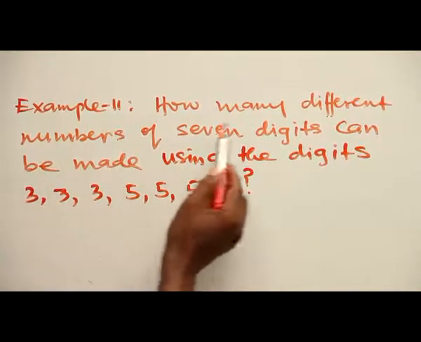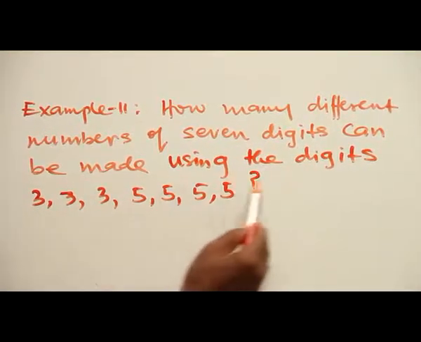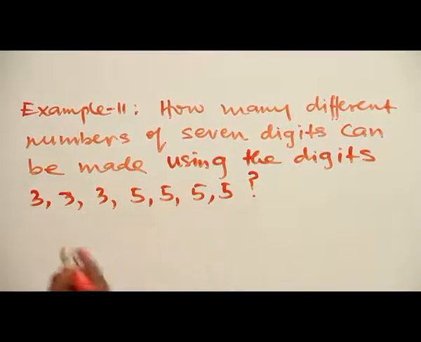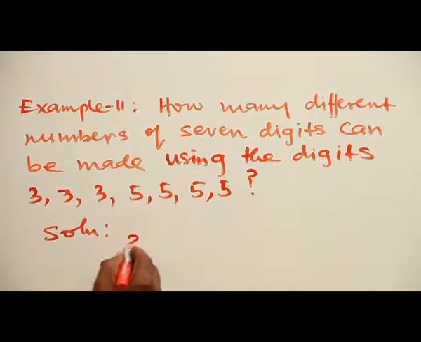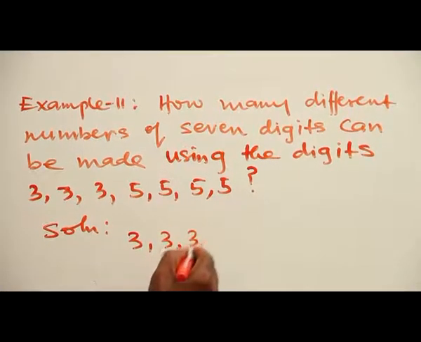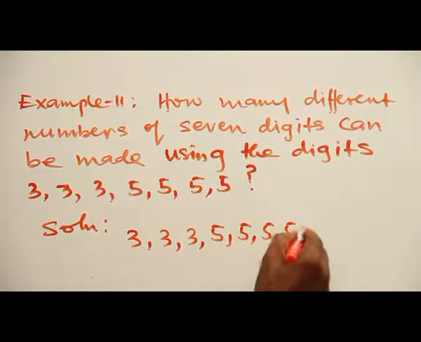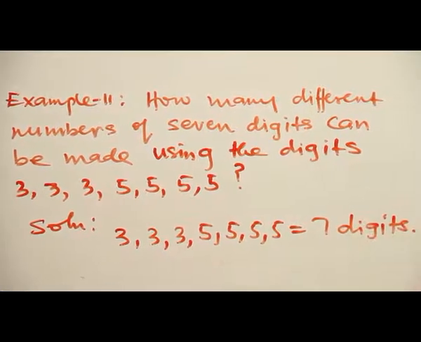Example number 11. How many different numbers of 7 digits can be made using the digits 3, 3, 3, 5, 5, 5, 5? Solution. How many digits are here? We have 3, 3, 3, 5, 5, 5, 5, equal to 7 digits. Repeated or not?